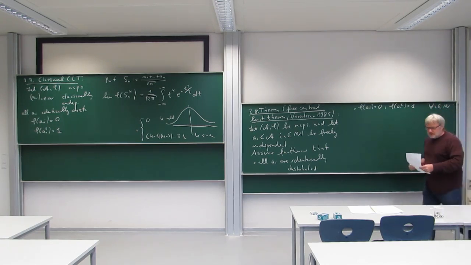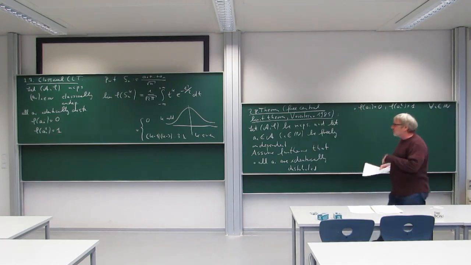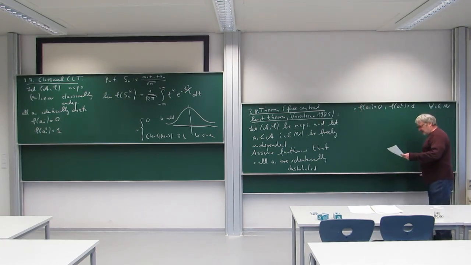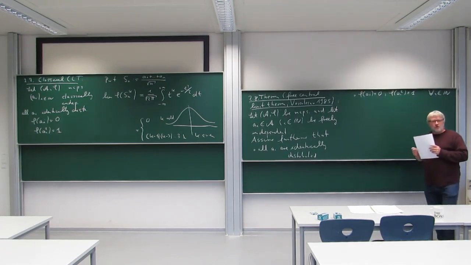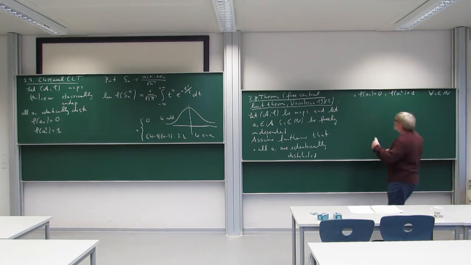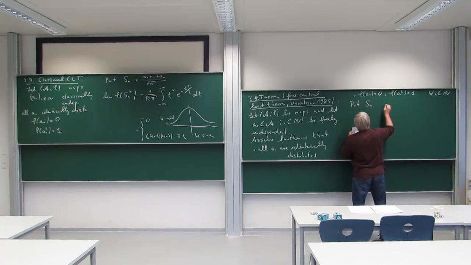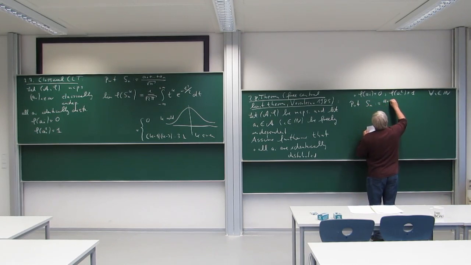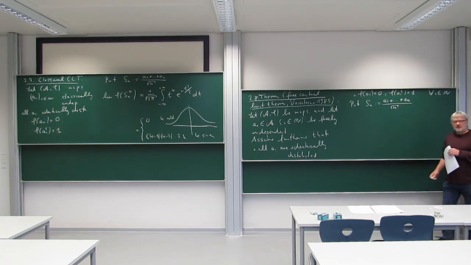Good, so that's the same assumptions as in the classical context, only independence is replaced by freeness. And again, we are looking at the same quantity. We take the normalized sum of the first n variables: S_n is the sum of the first n of my variables, normalized by the square root of n. And again, I ask, does this converge to something?